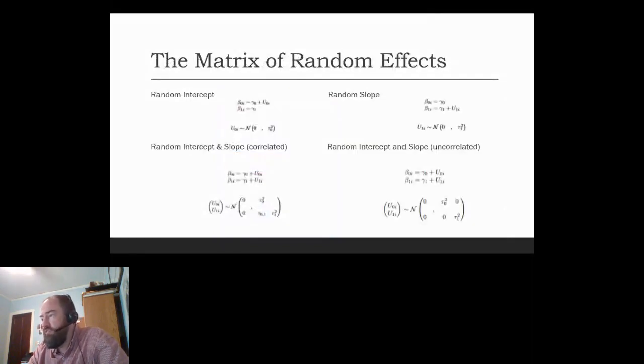you have these different structures where you can specify a random intercept only, or a random slope only, or a random intercept and slope that are correlated, or random intercept and slope that are uncorrelated. It doesn't make a lot of sense to have a random slope if there's no variable that is involved with that particular effect.